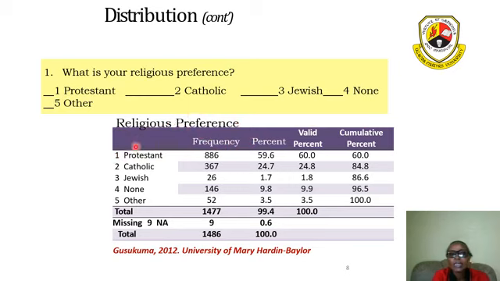Here we have an example which is showing religion and the frequency: how many Protestants exist in a particular research group, how many are Catholics, how many are Jews, and how many have no religion or have fallen in a particular religion. That is a distribution analysis.